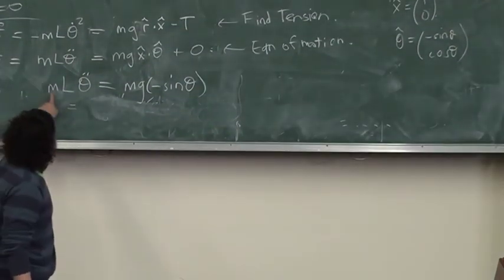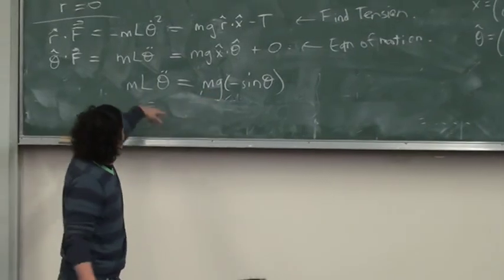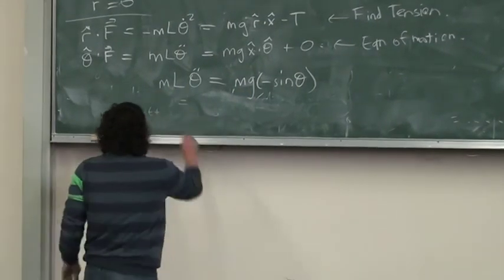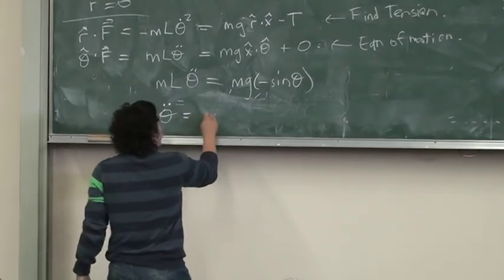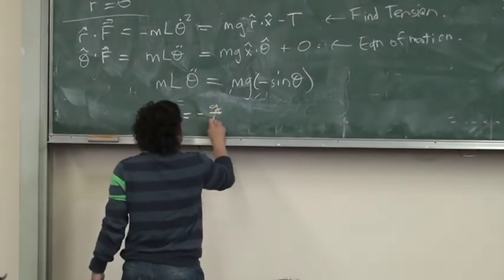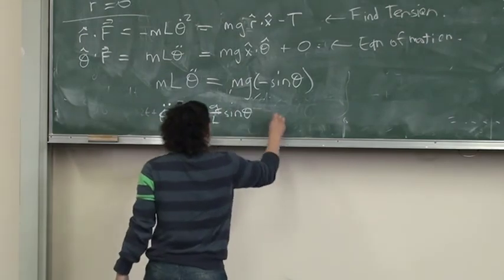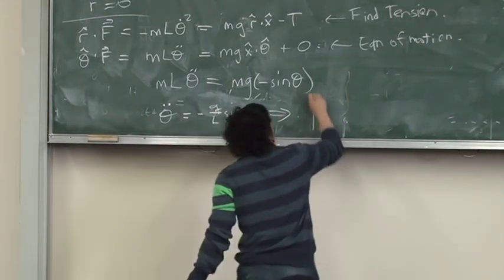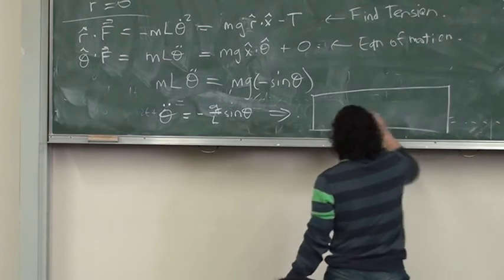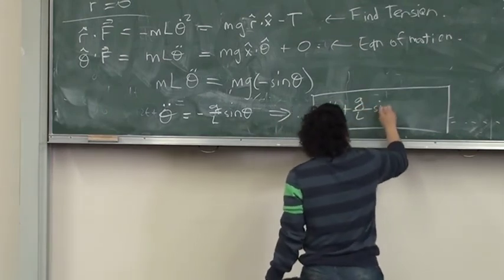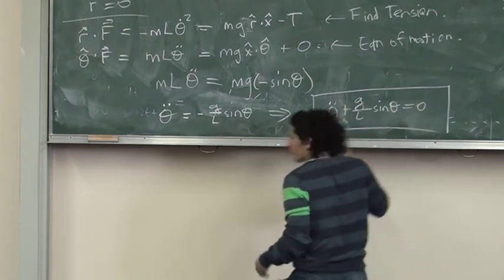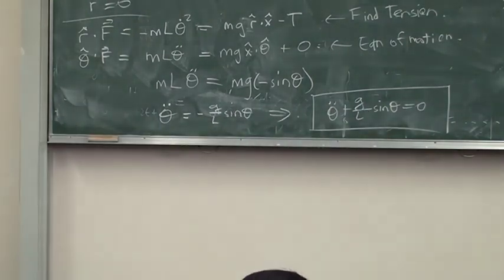Let's divide through by m, it cancels out. Divide through by L, we get theta double dot equals minus g over L sine theta, or as we more commonly write, theta double dot plus g over L sine theta equals 0. Right. That's the equation of motion of the simple pendulum.